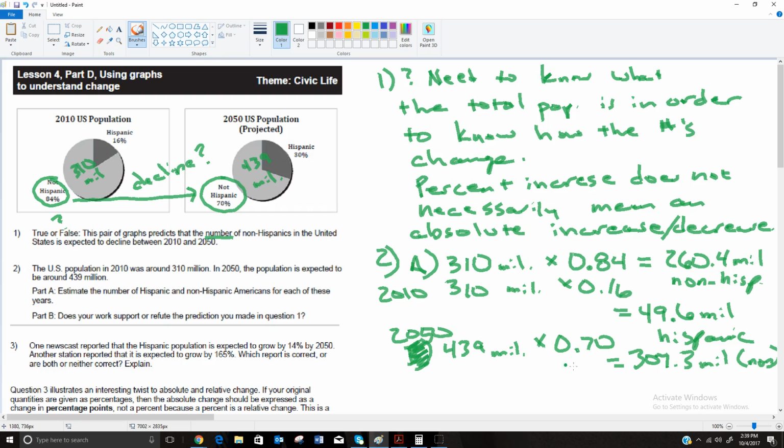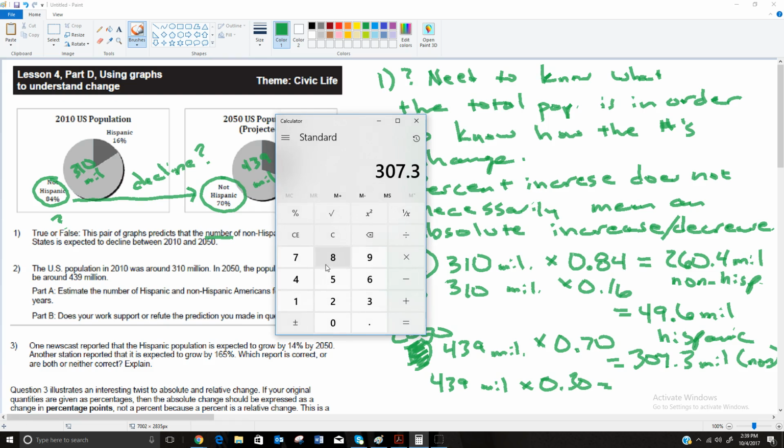And then we can subtract that or multiply by 30% to get the remaining part of the population that would be Hispanic. So we have 439 times 0.3, which is 131.7. And if we had subtracted 439 minus 307.3, we would have also got 131.7.